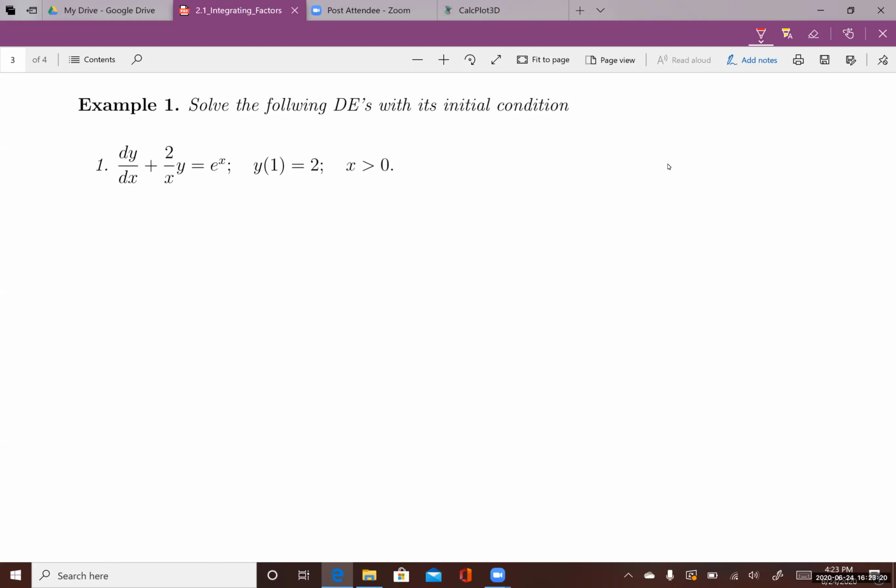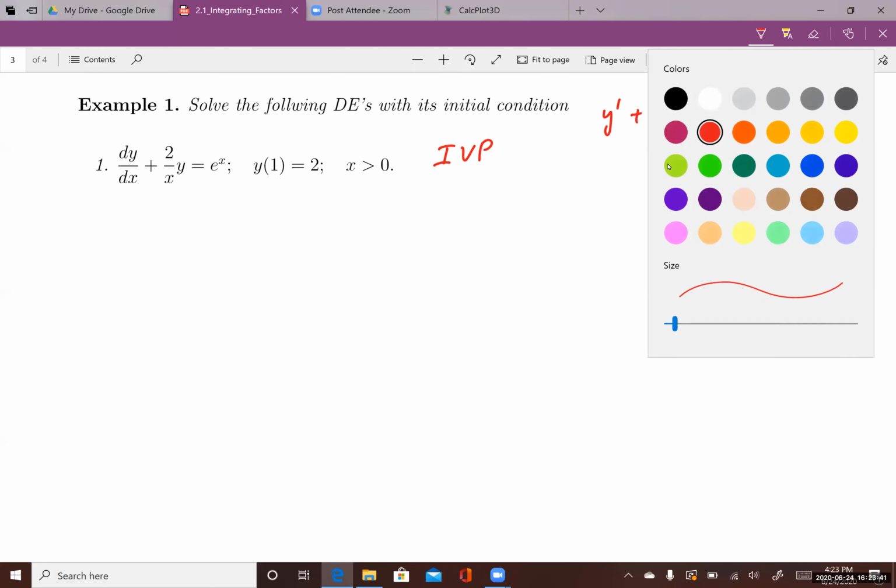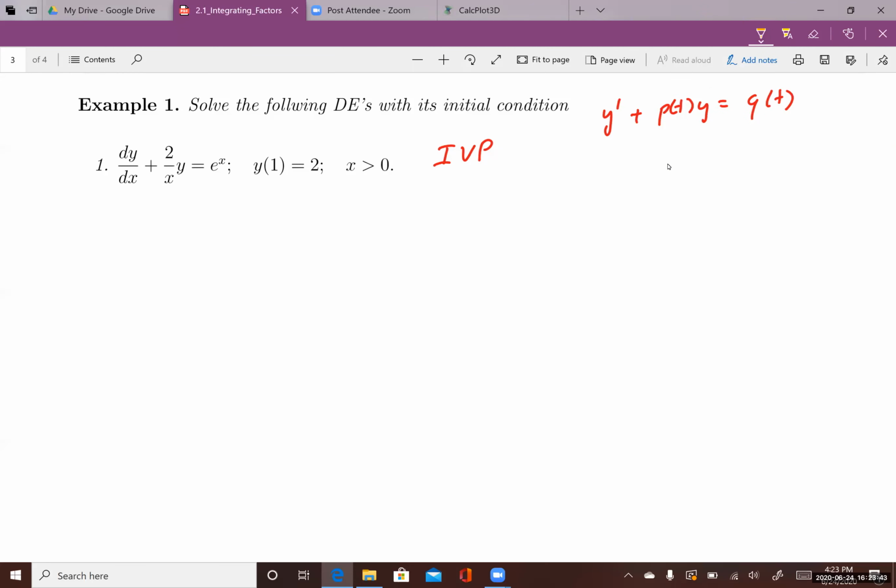Well, you have a differential equation and an initial value, so this is an IVP. First, let's identify what is p(t). Keep in mind the equation form, which is y' plus p(t)y equals q(t). You want to identify, in this case, what is p(t) and what is q(t).